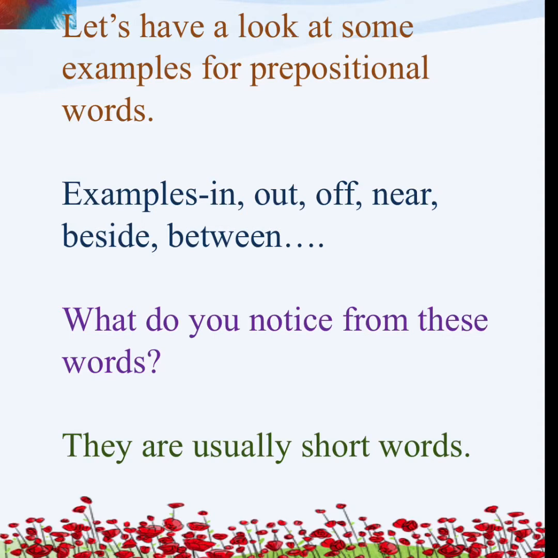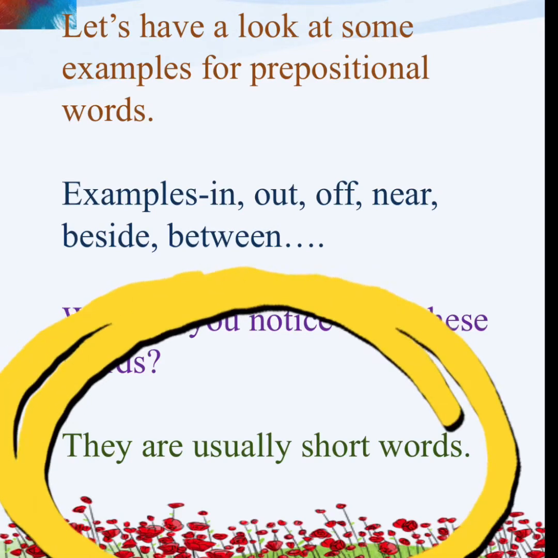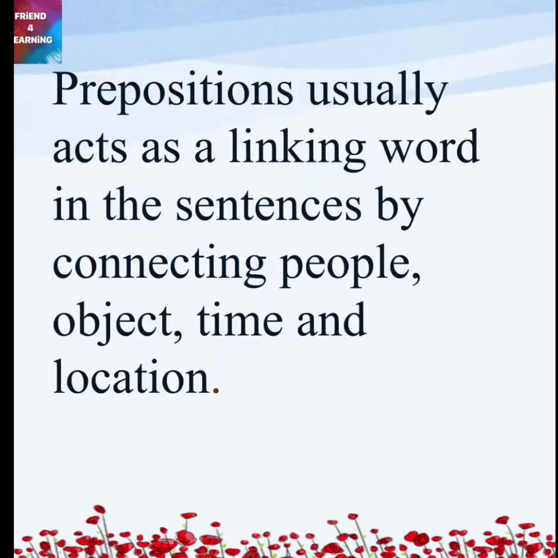Now let's have a look at some examples of prepositional words like in, out, of, near, beside, between, and many more. What do you notice from these words? Alright, exactly. They are usually short words.